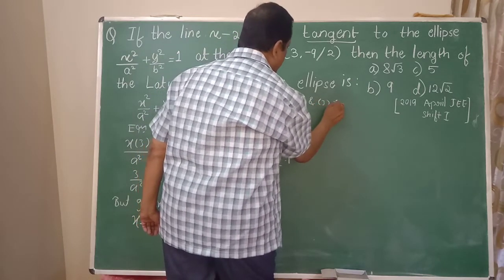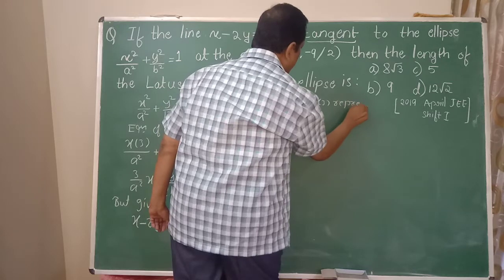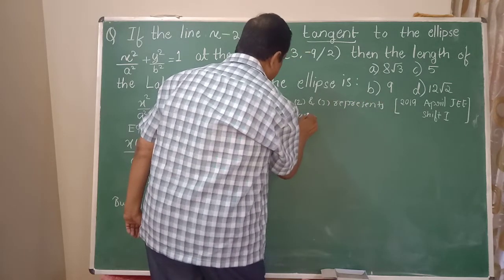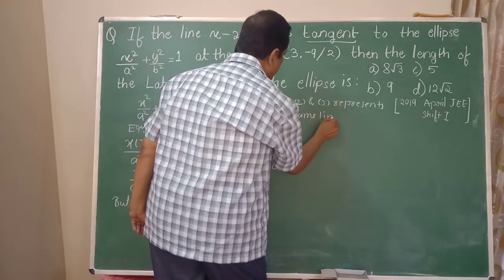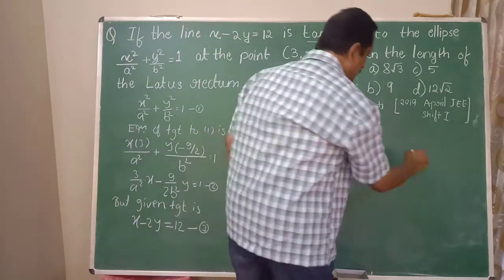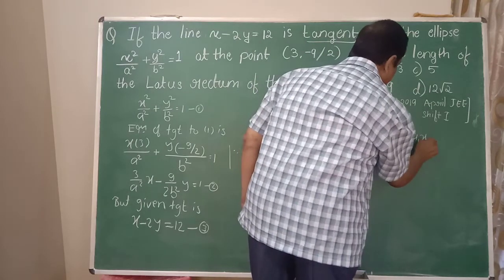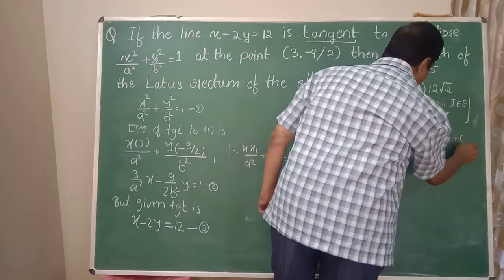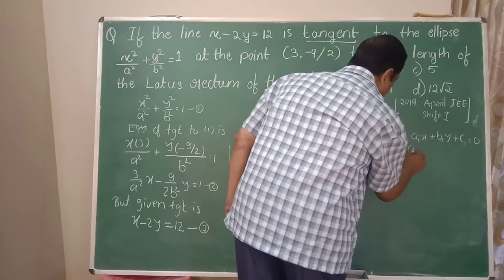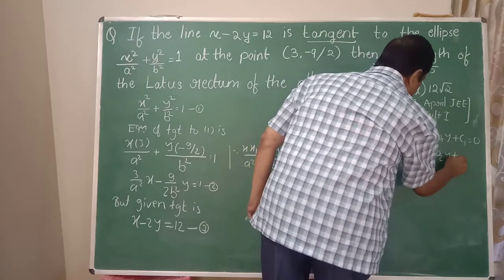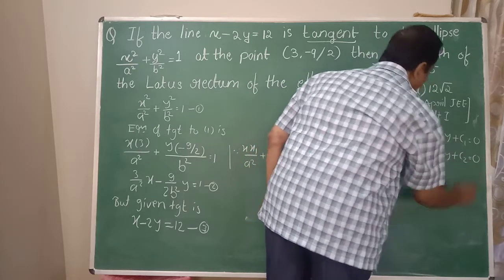2 and 3 represent the same line. So there is one formula here. Suppose a1x plus b1y plus c1 is equal to 0, and a2x plus b2y plus c2 is equal to 0.